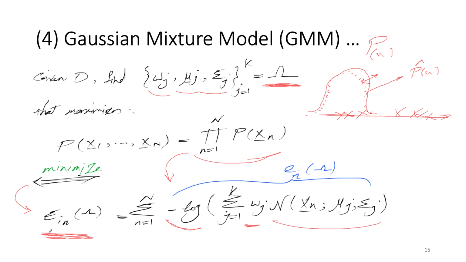We could also use SGD, stochastic gradient descent, but since this function is so complex, the Gaussian for multivariate, it is not efficient enough to use stochastic gradient descent, and that's why we use the EM algorithm, as an extension of k-means, to come up iteratively with the solution and minimize this.